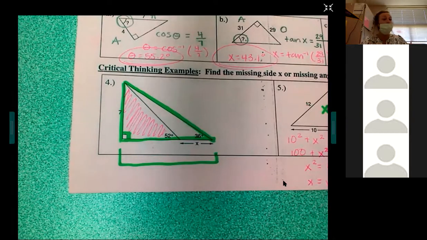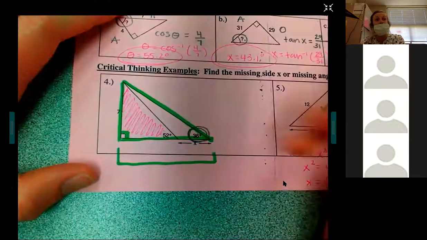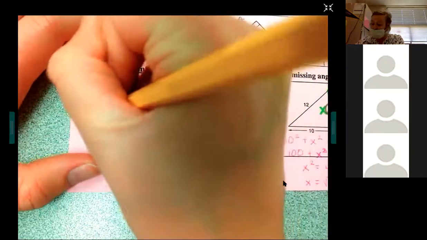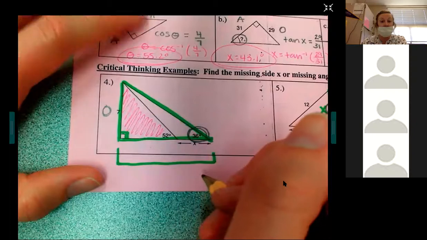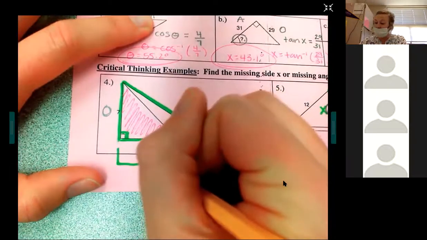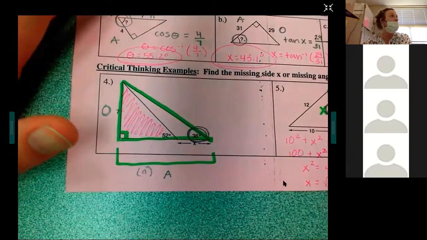So what angle would that be? 36. And then Henry said, using this 36, we know the opposite side is 7. And then we know this big side right here would be the what? Adjacent side. Good. Are y'all okay if I call it A since it's adjacent? Is that fine with everybody?